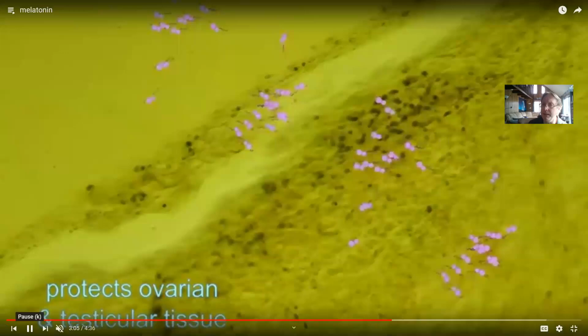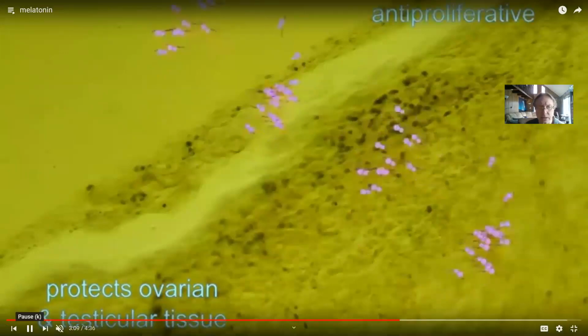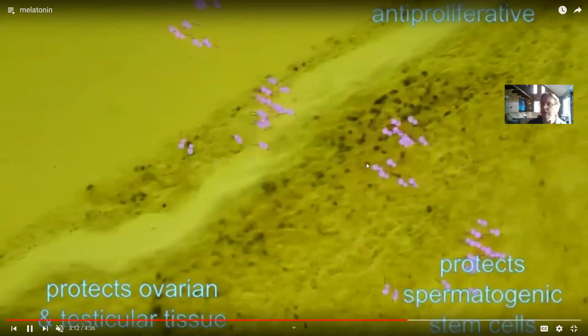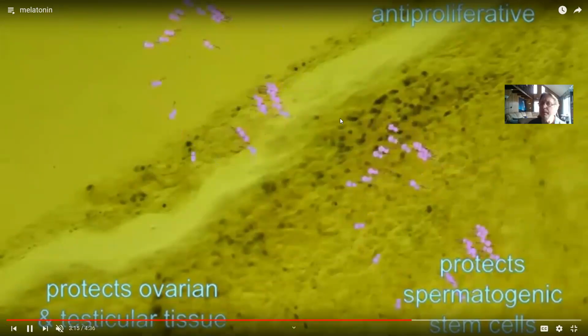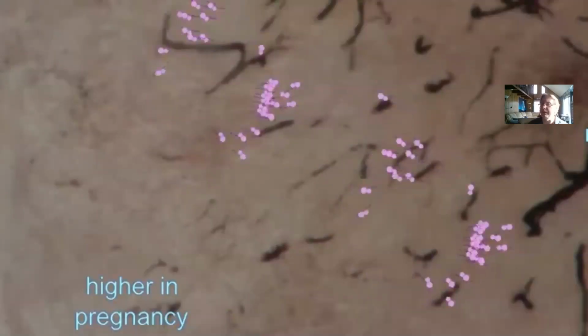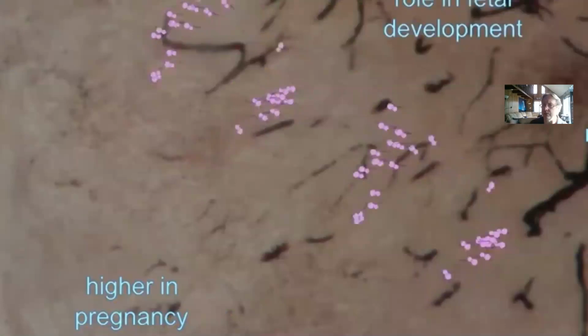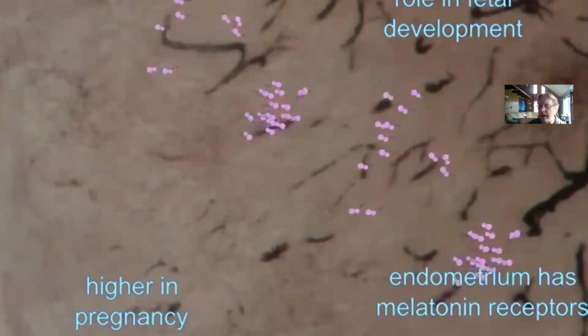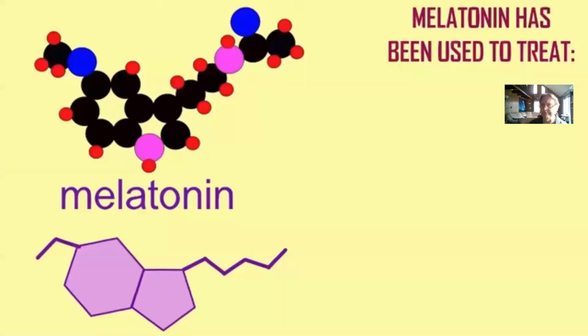When does puberty begin? The menstrual cycle is obviously a cycle. Melatonin actually helps to protect from cancer. It's anti-proliferative. So melatonin is quite complex. It varies at different times of the year based on how much light versus dark there is.